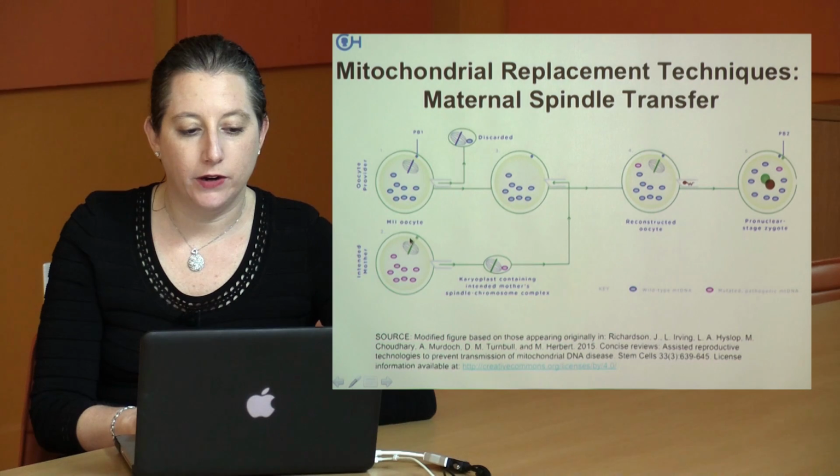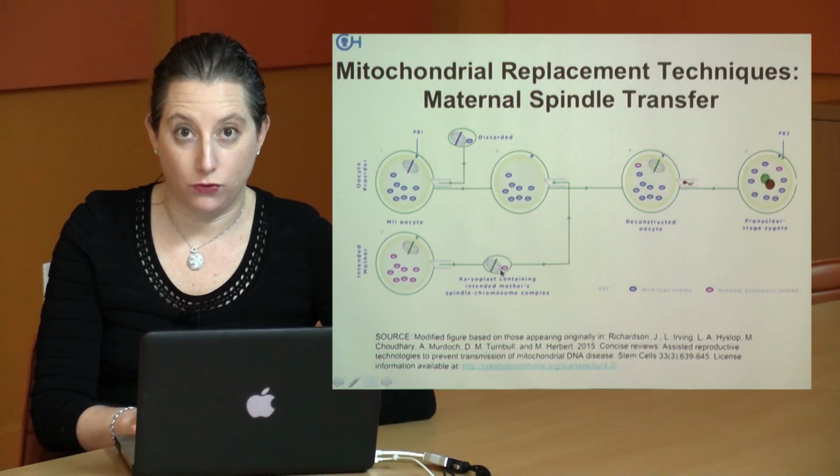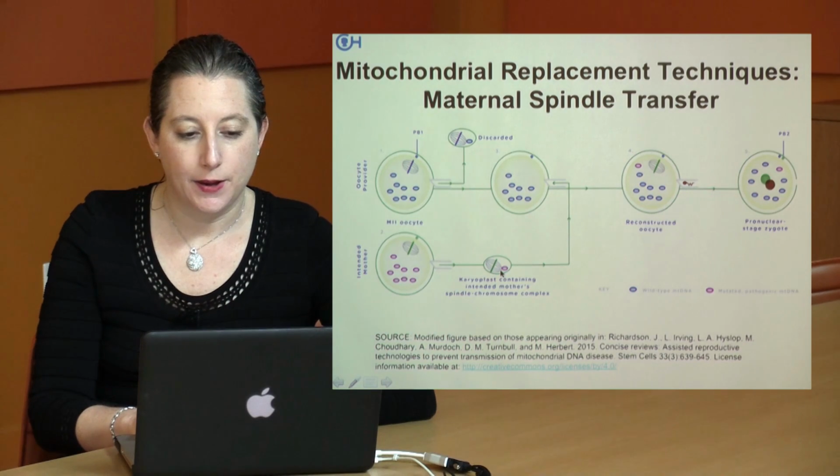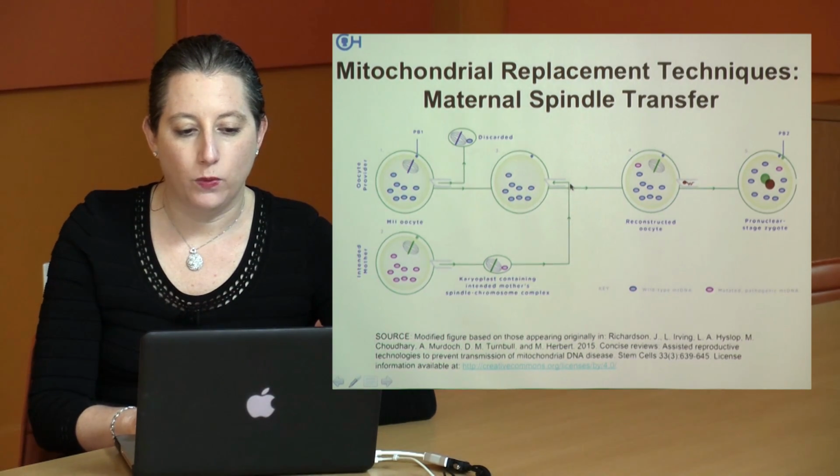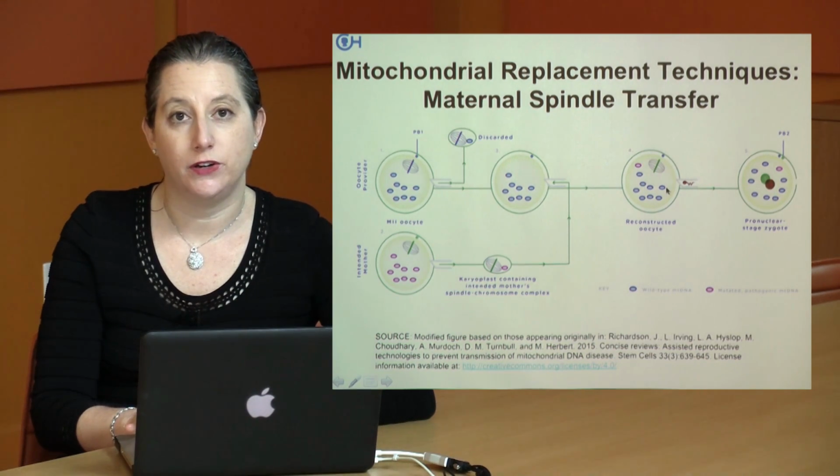Then the intended mother, you remove only her maternal spindle once again. This time you maintain that and discard her karyoplast. You then take her salvaged chromosome spindle or nuclear DNA and combine it together with the donor's karyoplast without her nuclear DNA, and you get a reconstructed oocyte.